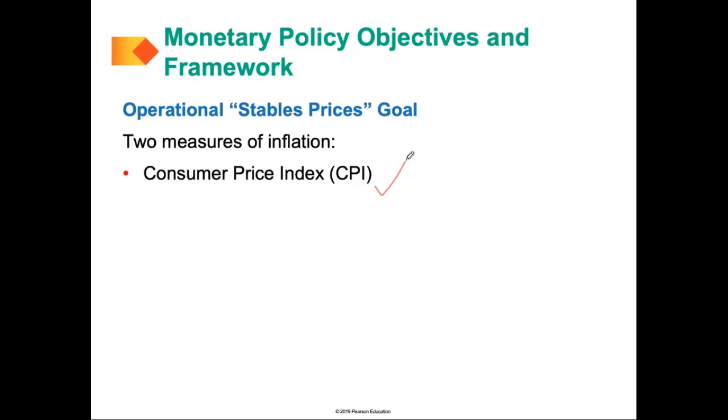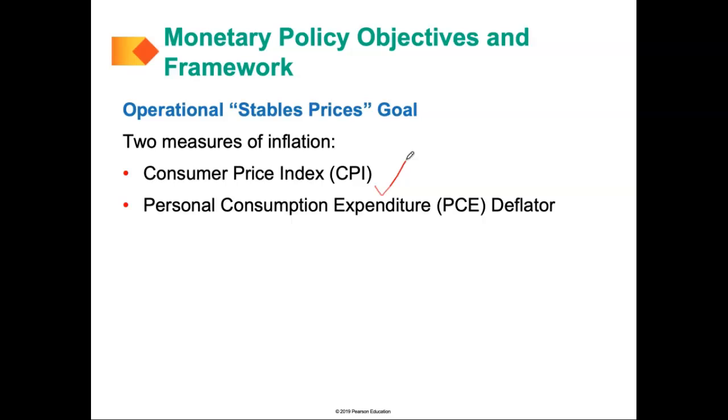The Consumer Price Index looked at a fixed basket of goods and services and their average price levels. Now, there's another measure of inflation which we really didn't take a look at, which is the personal consumption expenditure deflator, also known as the PCE deflator. It is calculated from the consumption expenditure component of GDP.